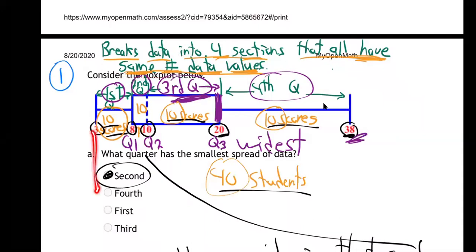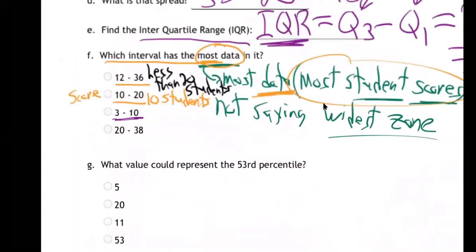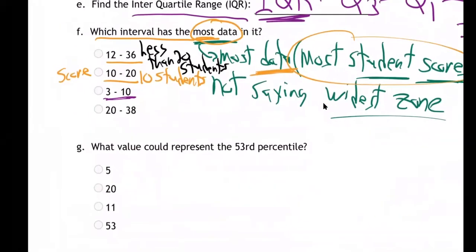So between 3 and 10, there's 10 and 10, 20 students. So let's go back down and put that in there. There's 20 students in this section, 20 students in that section. Let's do the last section. Now, one more. How many got scores between 20 and 38?